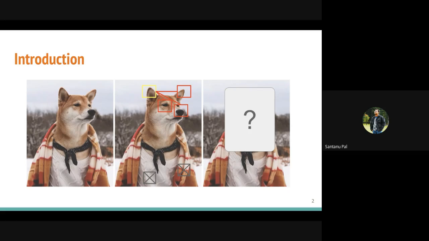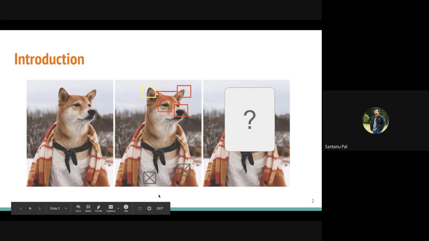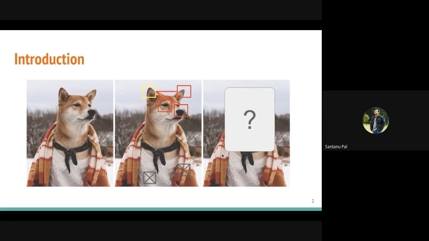But what happens if we only see this gray box, for example, on the rightmost figure? If this question mark box is not visible, then we can't say whether it is a dog or something else, or maybe it could be a human. And also our focus is not going through the background.